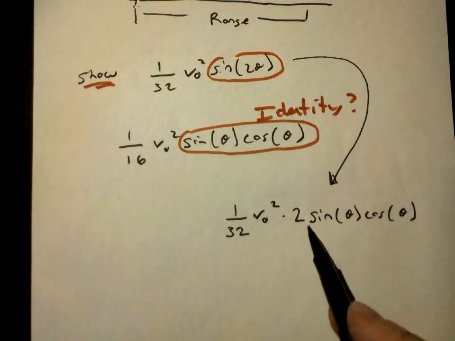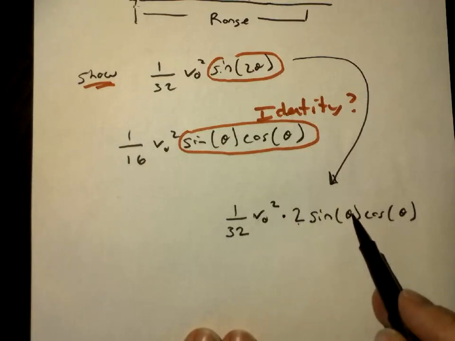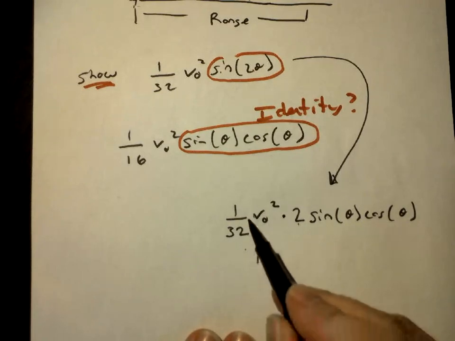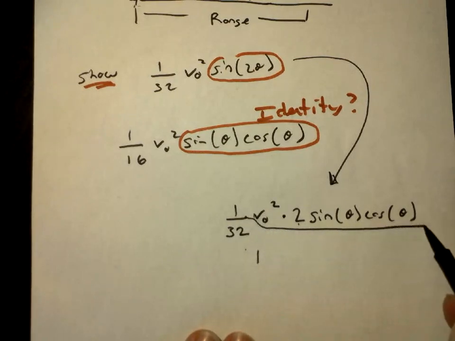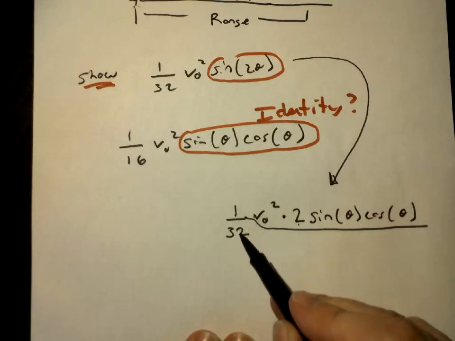Well, look at right here. This is 2 times all this junk. And if you do your fractions nicely, this should be all over 1. This is 1 times that divided by 32.